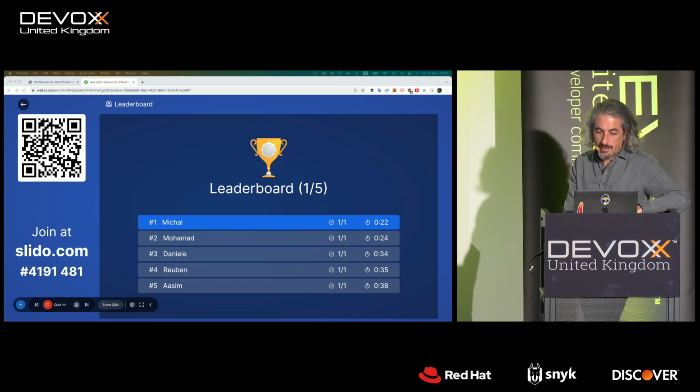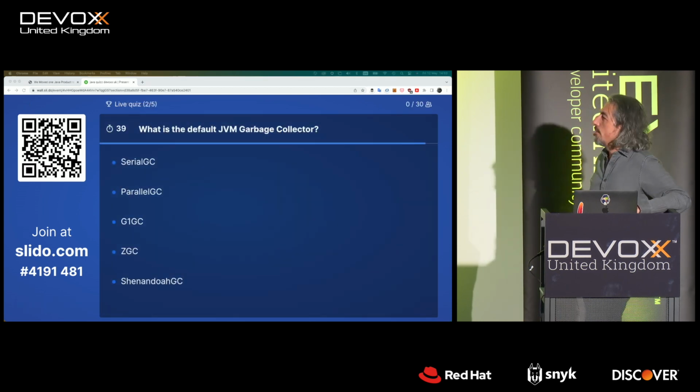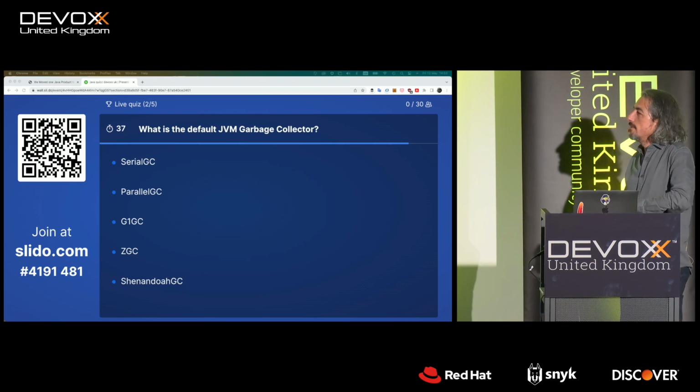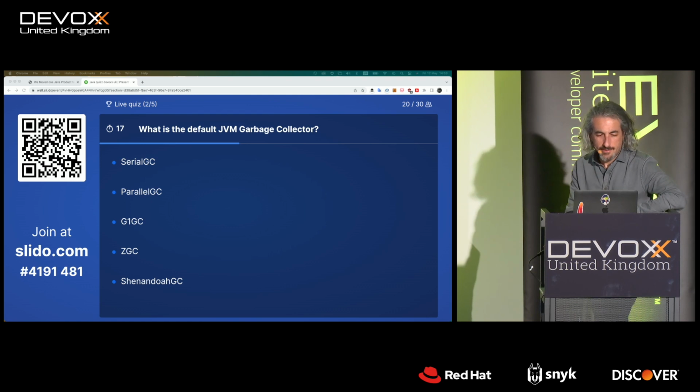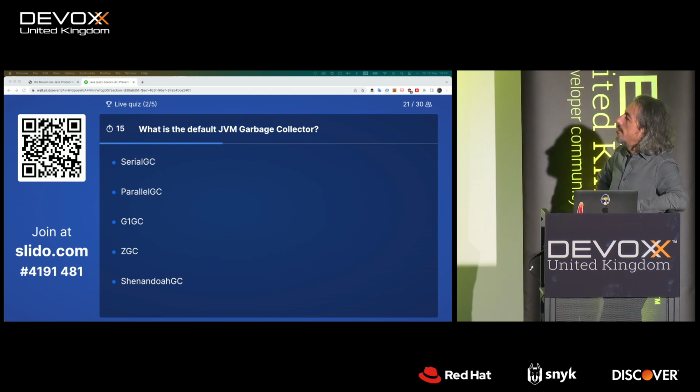All right, ready? What is the default JVM garbage collector? Assume more than 2 CPUs. Serial GC, parallel GC, G1 GC, ZGC, or Shenandoah GC. So for a big Java application. And what JVM did I say? I forgot what JVM.